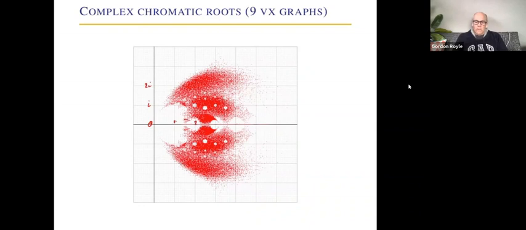Okay, so this is a picture that I first saw about 30 years ago, or 35 years ago, I guess, and was intrigued by what I saw, and, you know, what does this all mean? Which are the extremal graphs? Why are there these holes in the picture, and so on and so forth?